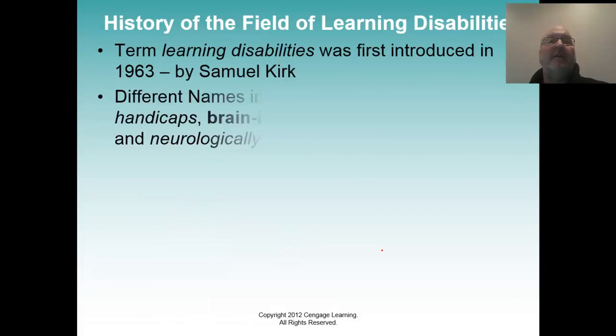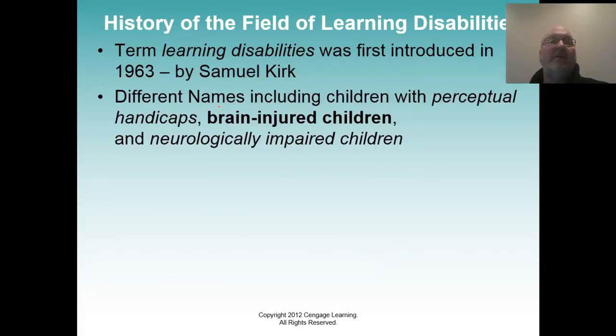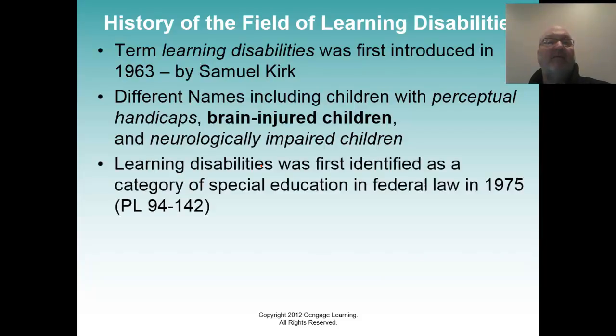The history of this, again, I talked about Samuel Kirk already. Perceptual handicaps, brain injury. Here are some names they had for it. It was first identified as a category in special ed in 1975. 94-142 is where that came from. That was really the birth of the first federal law, even though they have none of their businesses being part of education.